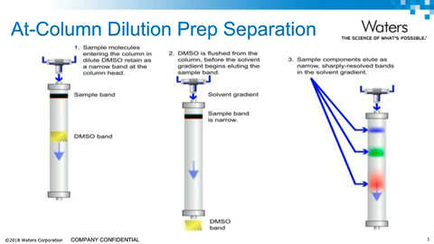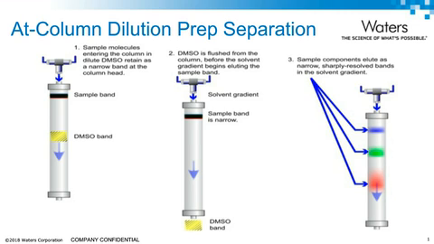When the gradient begins, now the sample bands move down the column and remain as tight bands, which means that now we can get pure fractions. The other advantage to this type of separation is that now we can increase the amount of material that we load on the column.